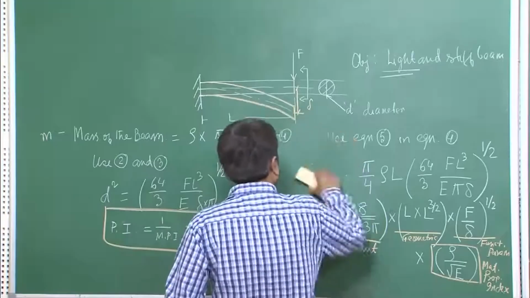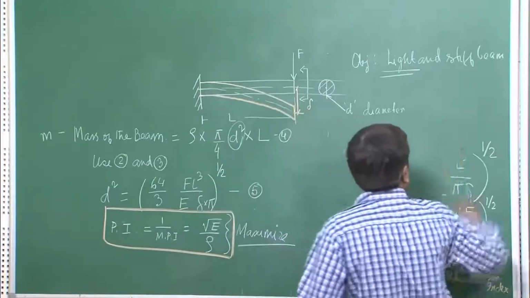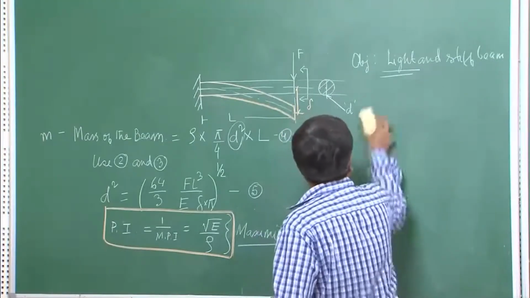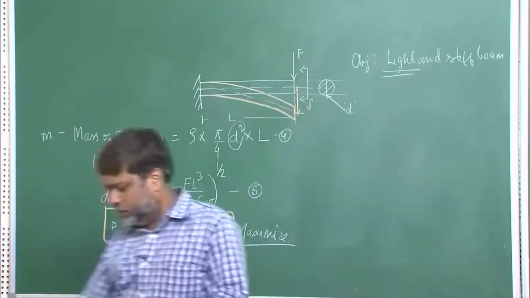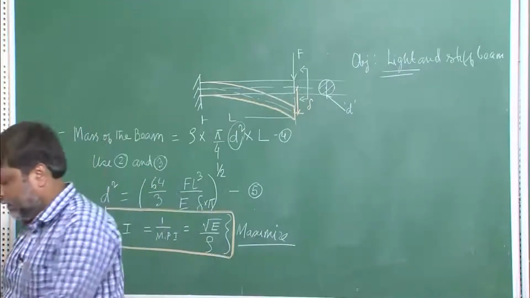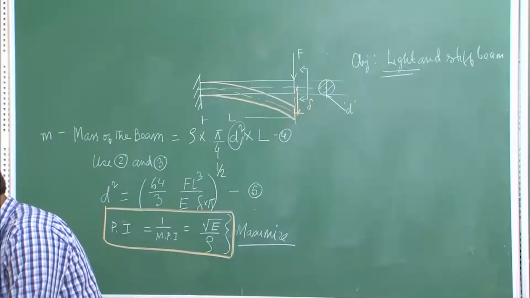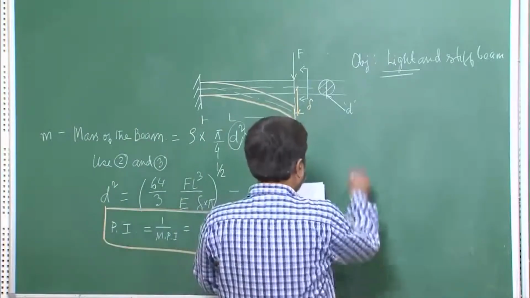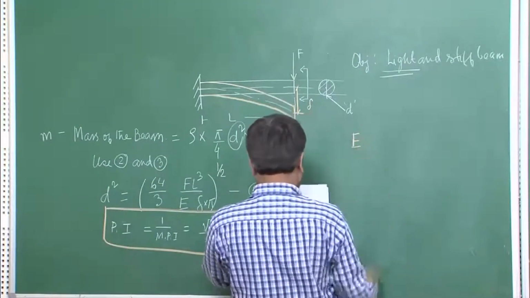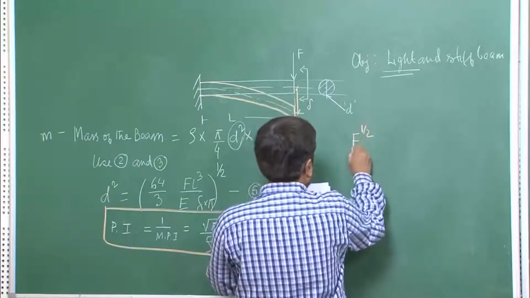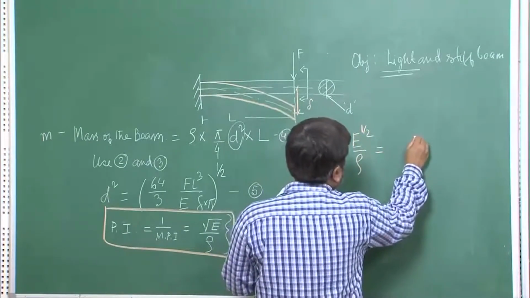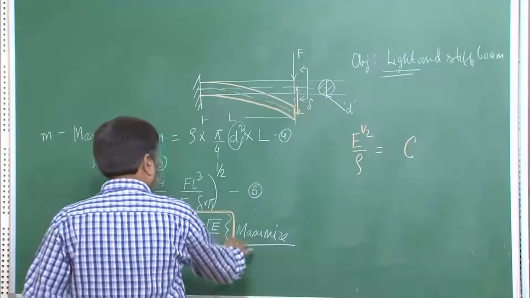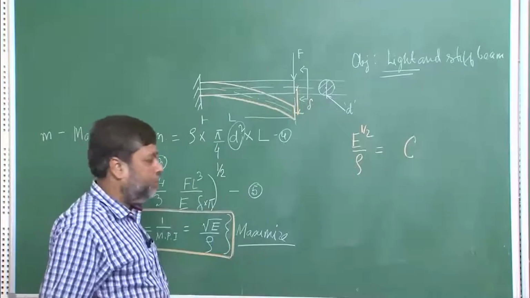Now, sometimes on top of this, we may also say that there is some kind of a cutoff value in our particular analysis. If I say that there is a cutoff value, then I can develop an equation. Suppose I say that E to the power half over rho has a cutoff value C. That means you want to maximize it, fine, but at least it should be beyond a certain point.